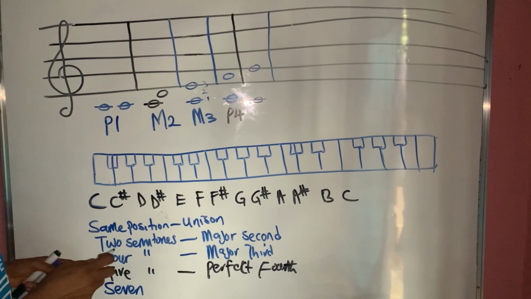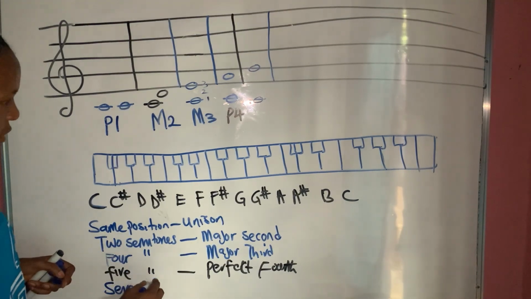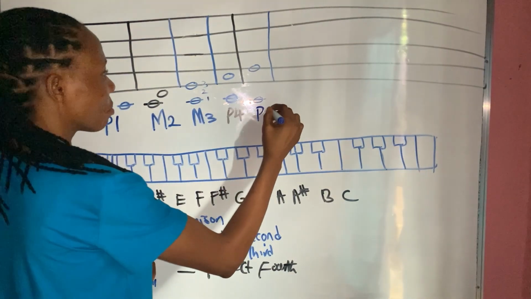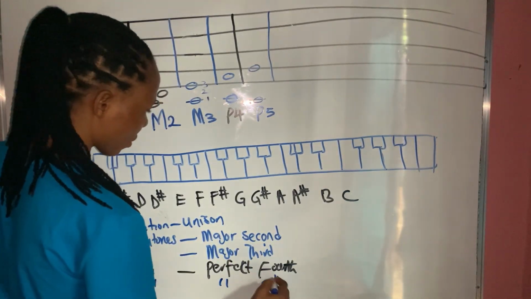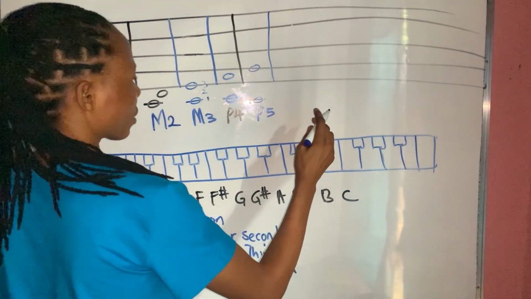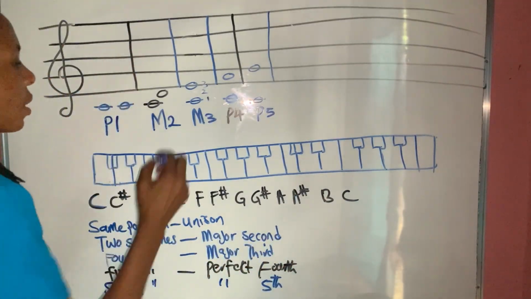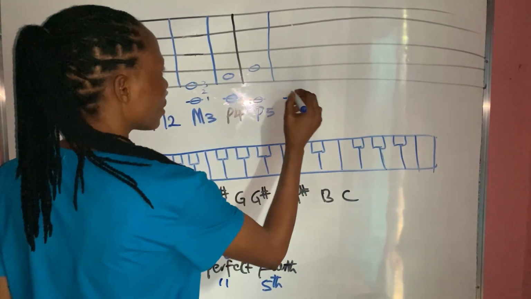So when we have 7 semitones, 7 semitones makes a perfect fifth. Perfect fifth. I'm gonna use this side now. Now let's consider C to A.